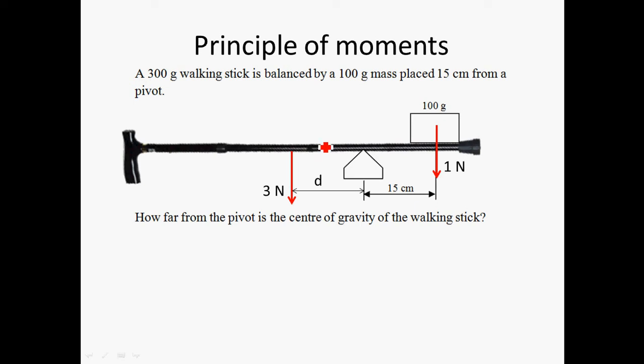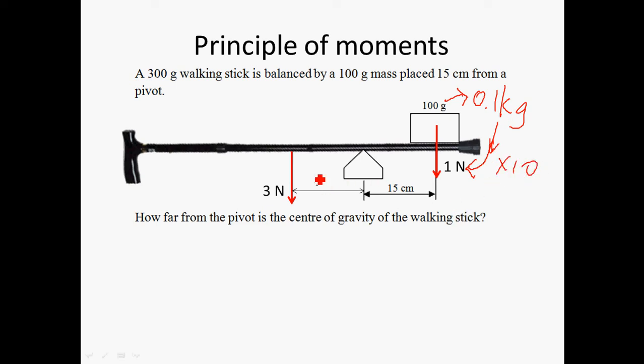So you locate the center of gravity of the 100 gram mass and draw an arrow down, and 100 gram is 1 Newton, because 100 gram is 0.1 kg. Let me just write down here: 100 gram is 0.1 kg, and 0.1 kg is 1 Newton, because 0.1 times 10 gives you 1 Newton.